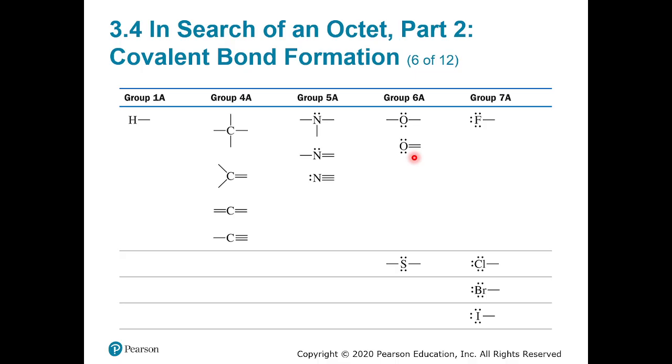And oxygen does have 2 single sets, and it can make 2 single bonds or a double bond. Notice the halogen group can only ever make 1 bond because it only has 1 free set of electrons not already being used in a lone pair. That's the sulfur, by the way. It typically only makes 2 single bonds. It can make a double bond, but it's very unusual, and you'll probably never see it.